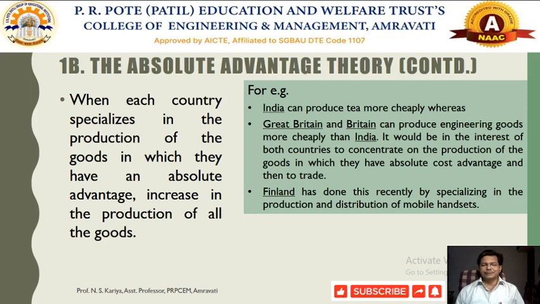So it should be an absolute advantage to both nations. Whatever they have a more competitive advantage in, they will produce more and exchange these goods and services for the benefit of each other. In that case it should be called an absolute advantage.